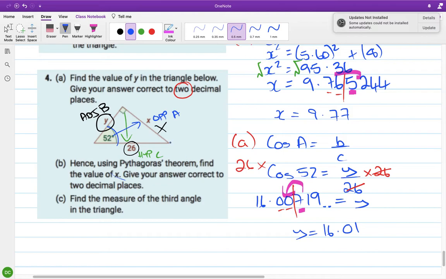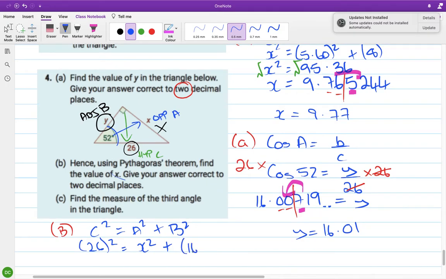Second one's the same, Pythagoras. So we have c squared equals a squared plus b squared. C is 26. A is the opposite, which is x, which we don't know. And b is the adjacent, which is y, which we now know to be 16.01.